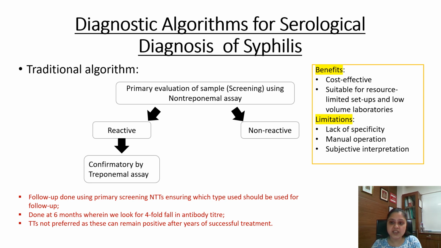Let's take a look at the benefits and limitations of the traditional algorithm. In terms of benefit, it is a very cost-effective methodology for screening, and it is suitable for a resource-limited setup and low-volume laboratories. However, it comes with the limitations of lack of specificity, manual operation, and subjective interpretation.